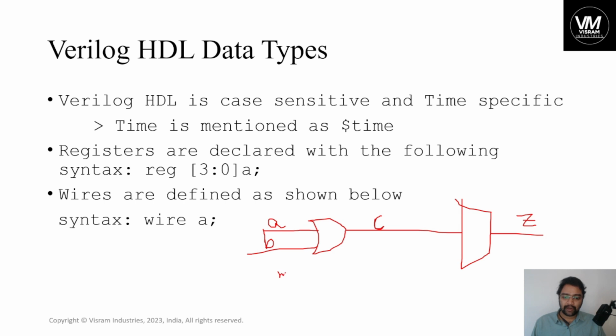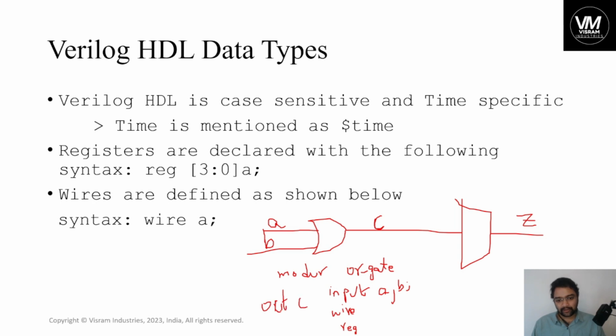Now we are writing the module for the OR gate, and what are we declaring? We are declaring input and output ports. Input we declare as A and B, but we need to declare wires. What are wires? What are registers? Outputs are registers and inputs are wires. So what is the output here?